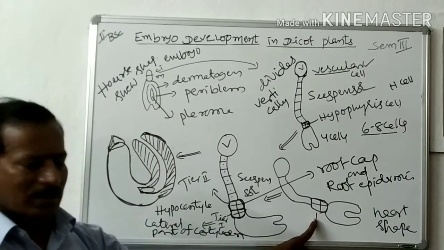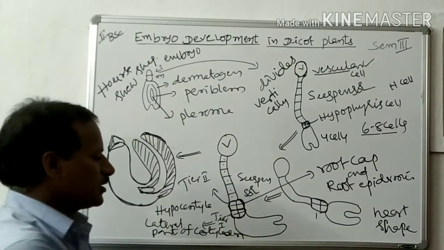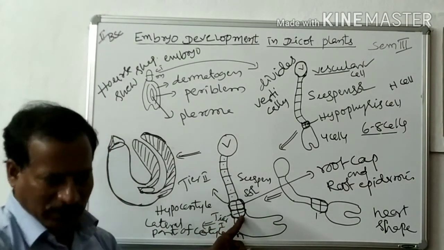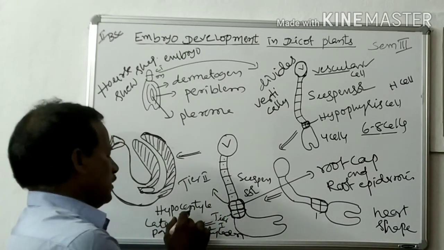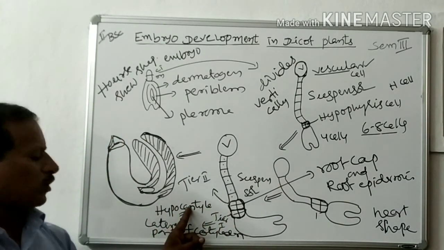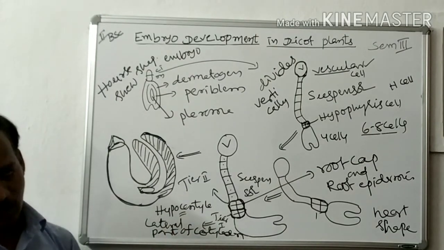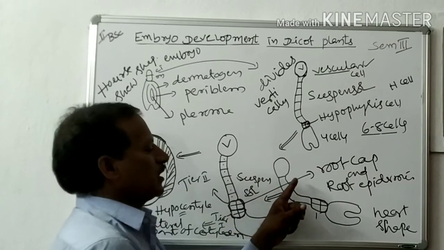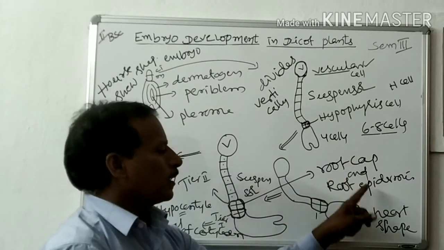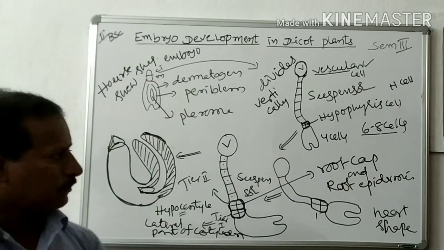These 4 cells again divide vertically, giving rise to 8 cells in 2 tiers, tier 1 and tier 2. The tier 1 cells participate in the development of hypocotyl and lateral parts of the cotyledons, and the tier 2 cells are involved in the development of root cap and root epidermis.